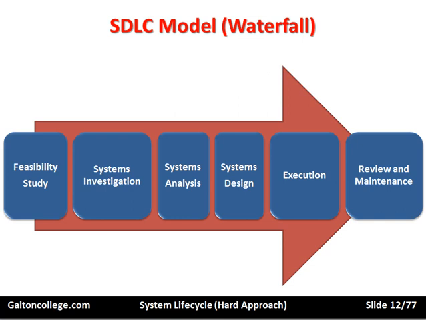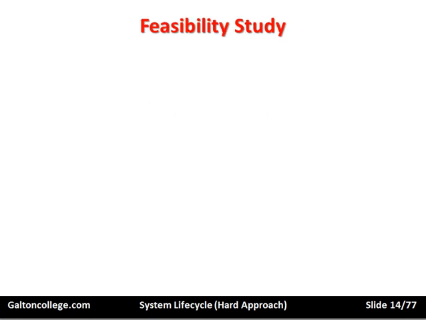And if it passes through that feasibility, it could go into an investigation, looking at the system to investigate whether the system can be developed and whether it will integrate with what's already in place. And so on through the waterfall. So we're moving here from left to right. Now let's look at each of these in turn. We'll start with the feasibility study, and we'll work our way across these various steps right down to the end.